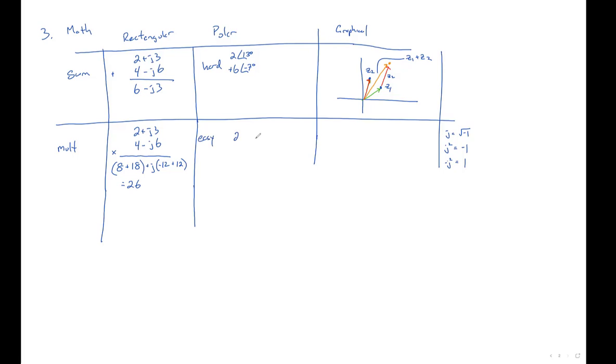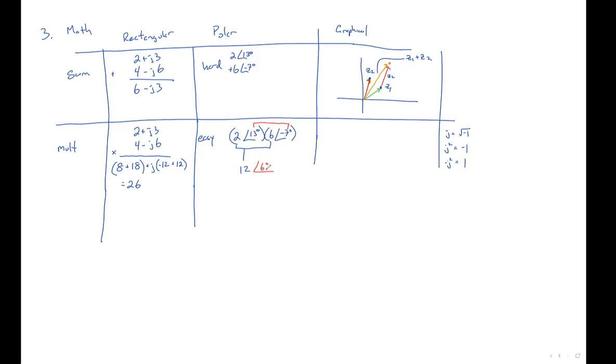If you've got 2 at an angle of 13 degrees times 6 at an angle of -7 degrees, you multiply the magnitudes to get 12, and then you add the angles: 13 minus 7 would be 6 degrees.